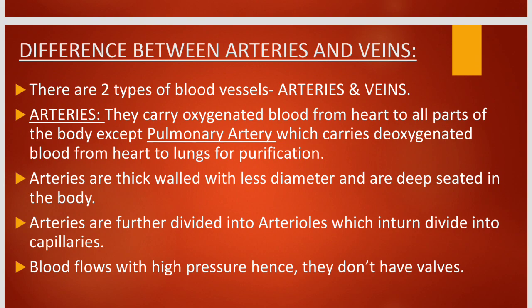Arteries are thick-walled with less diameter, and they are deep seated in the body. We cannot see them. When you observe your hands, those green colored blood vessels on the skin are actually veins. So arteries are deep seated.